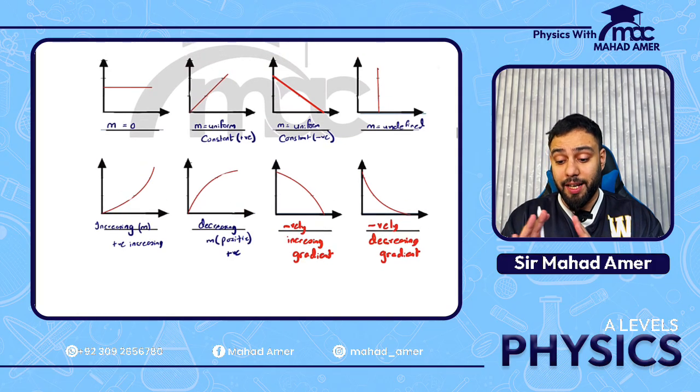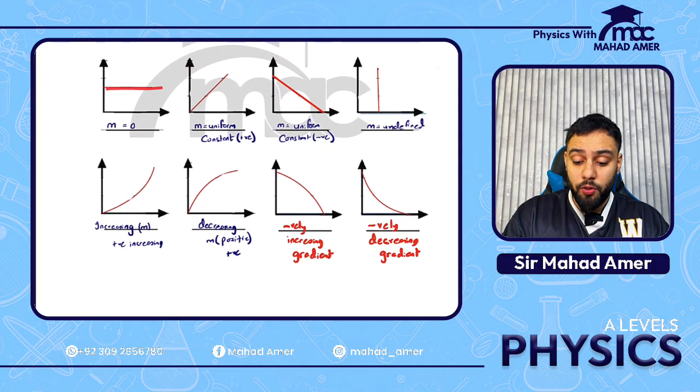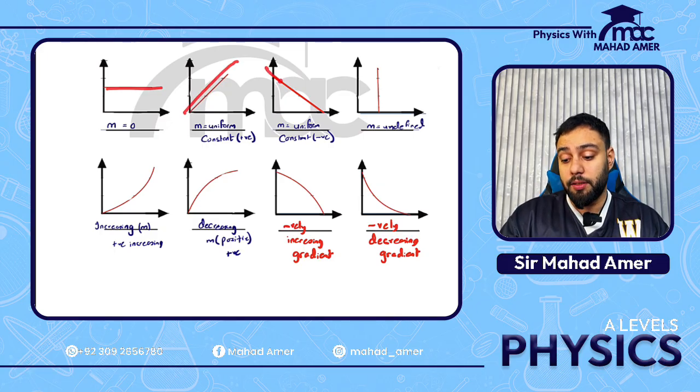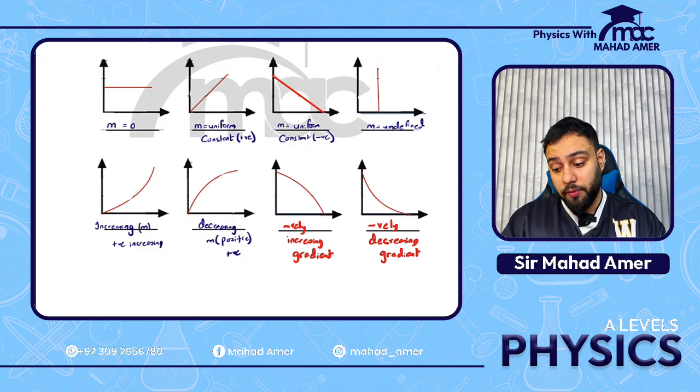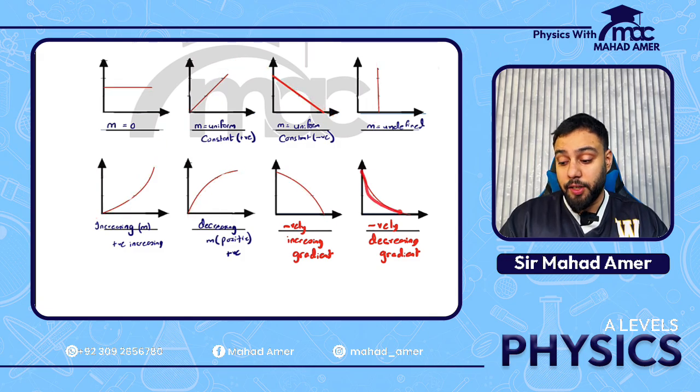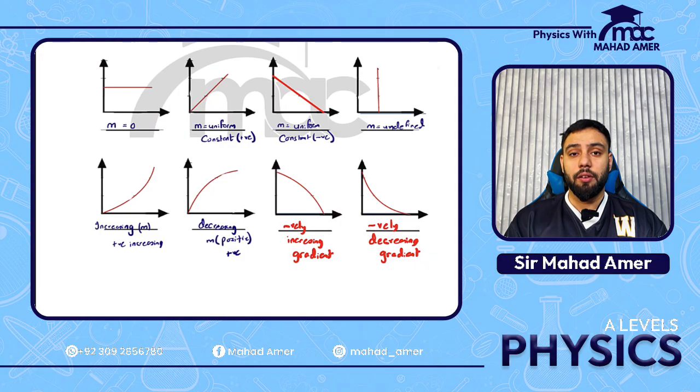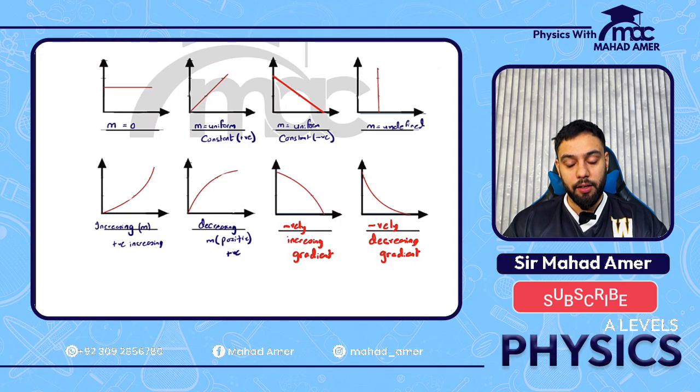But if you have a generic idea what these graphs mean: zero gradient, uniform negative, undefined, increasing gradient, decreasing gradient positive, increasing gradient negative, and decreasing gradient negative. These are the 8 graphs that in general we'll be using in different case scenarios.